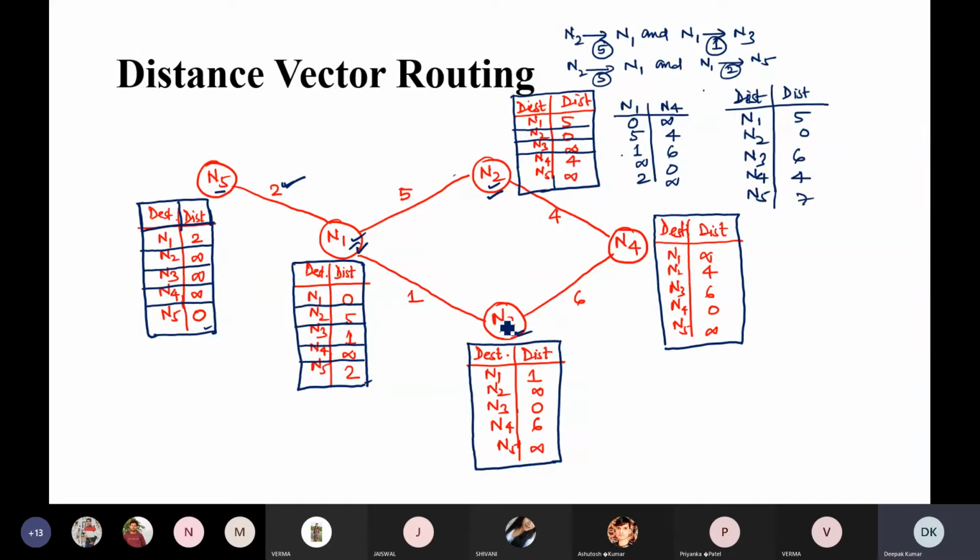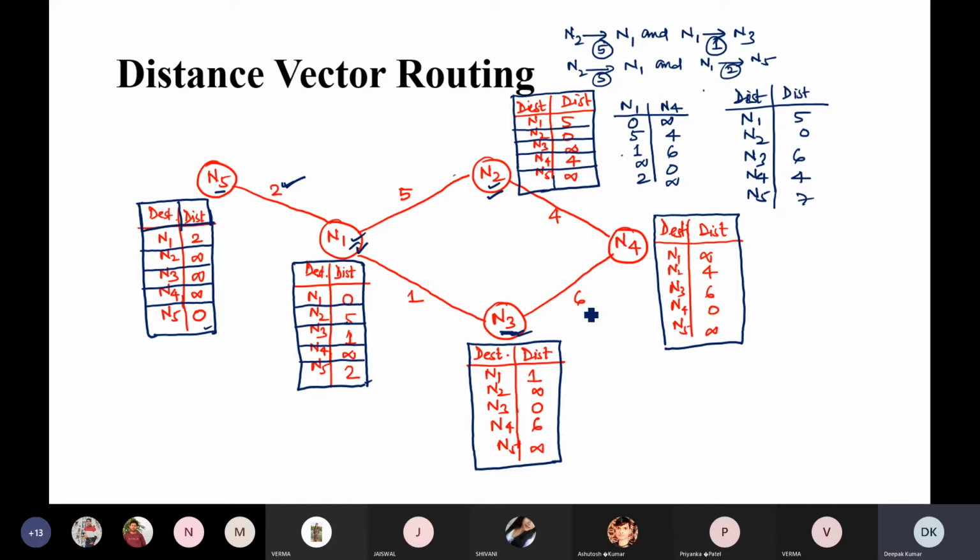N3 is not directly connected to N2, so here not defined is updated. And finally N4 and N5. N4 is directly connected to N2, so its distance is 4, and N5 is not connected directly, so its cost is infinite.